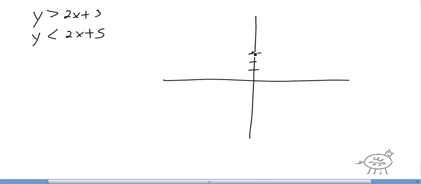So 3, and it's up 2 over 1. So it's a dotted line. And this one's up to 5, and it's the same thing, up 2 over 1.